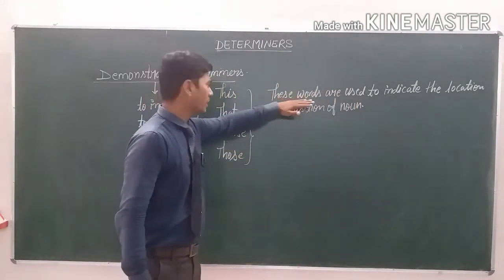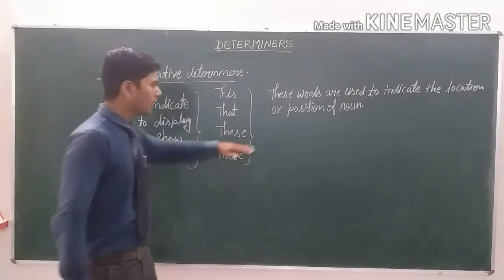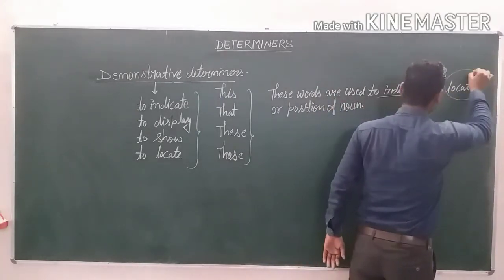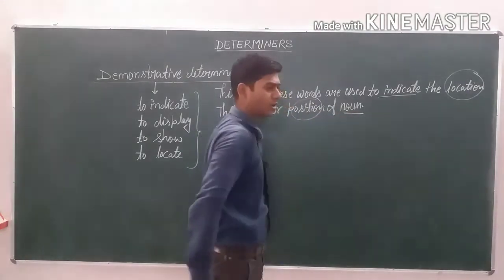These words, this, that, these, and those, are used to indicate the location or position of noun.